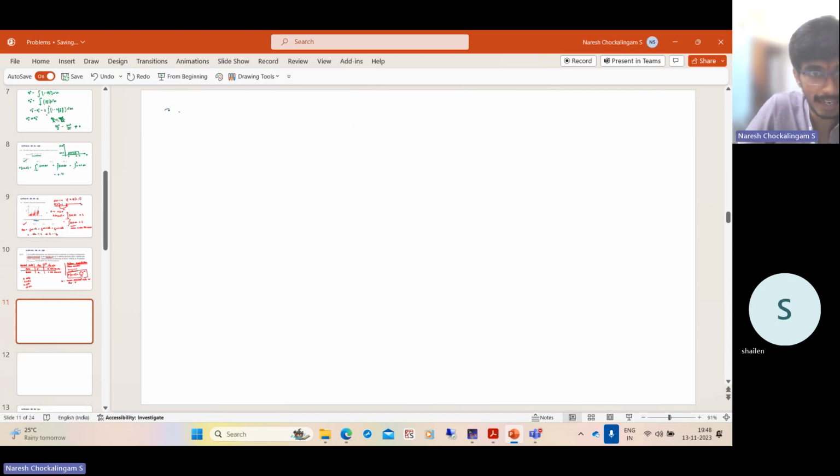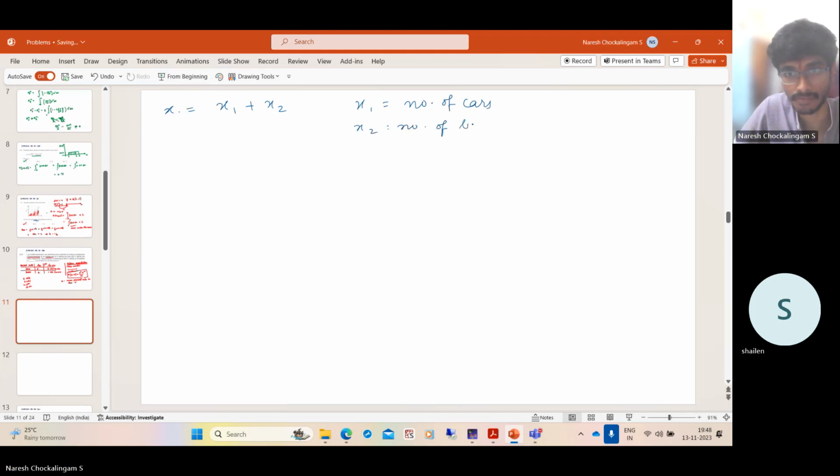So let us take x equal to x1 plus x2 as our random variable, where x1 is the number of cars and x2 is the number of buses. So x1 is an independent Poisson process.